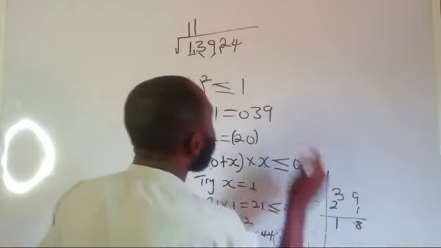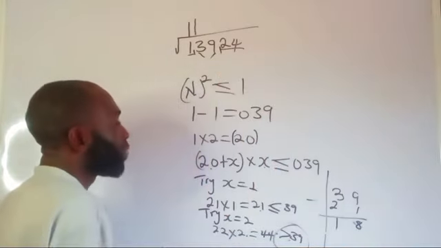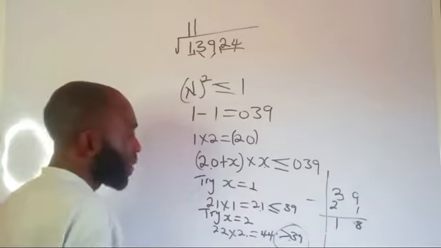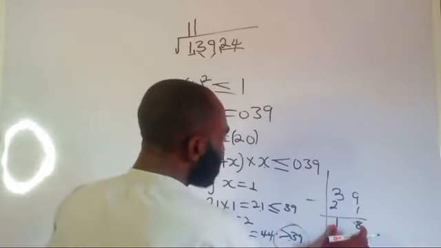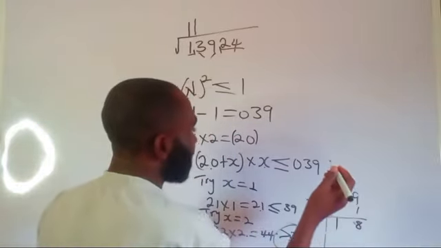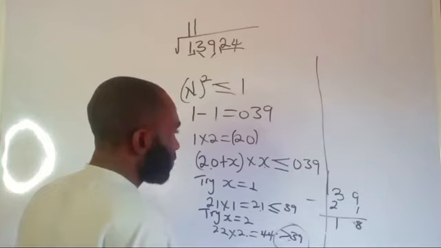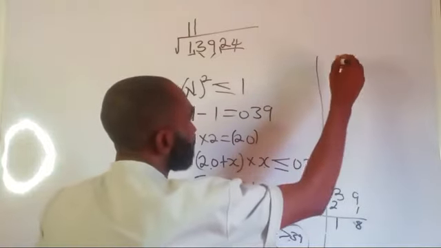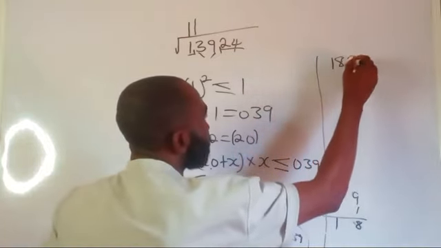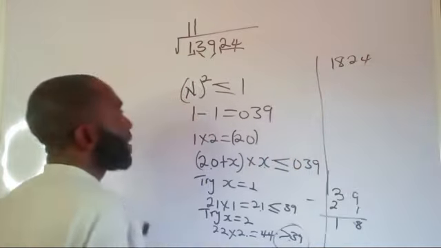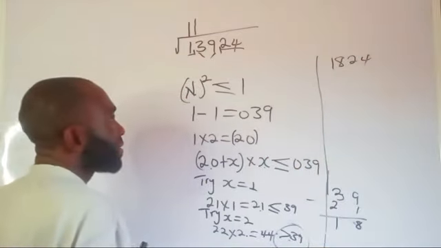We are now going to move to the third group, which is 24, and we add it to this remainder. It's just the same thing as normal long division. So in doing that, you will have 1824. That is what you will have at that moment.